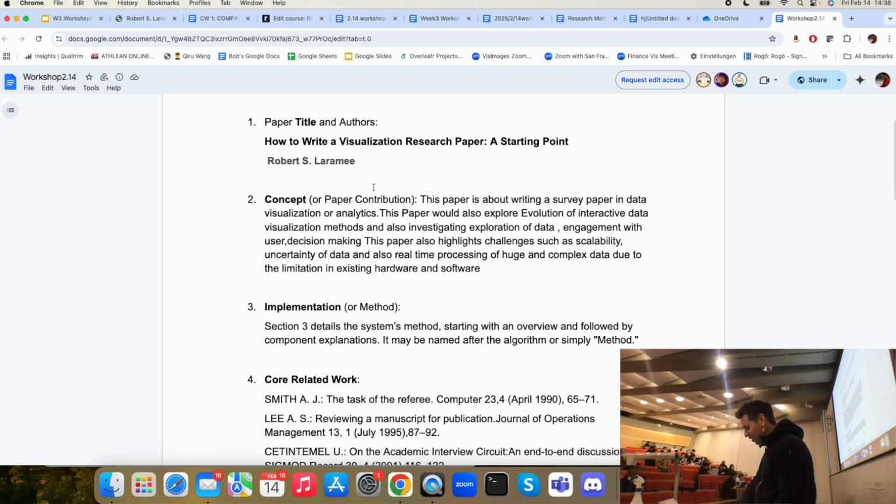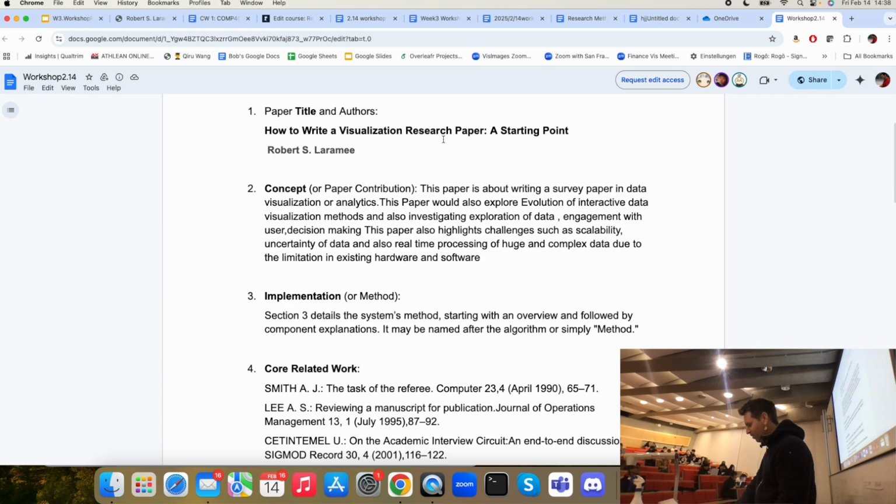So this paper, the How to Write a Viz research paper, a starting point, is actually giving you a tutorial of how to write a visualization research paper. That is what it's about. Like the summary, the title and the summary overlap quite a bit. It's a set of instructions about how to write a research paper. That's what it is.